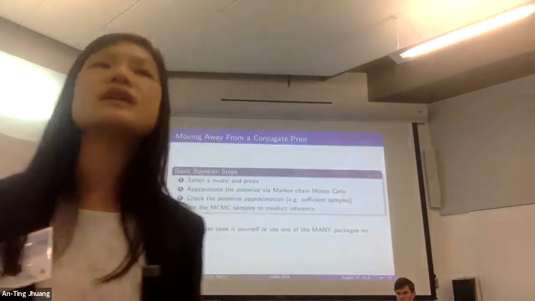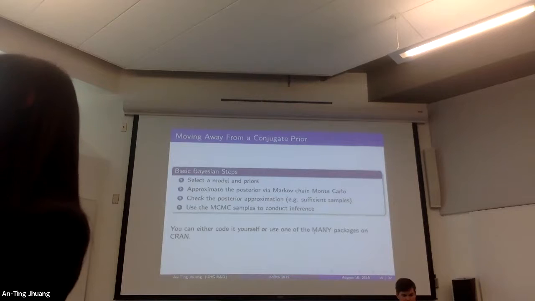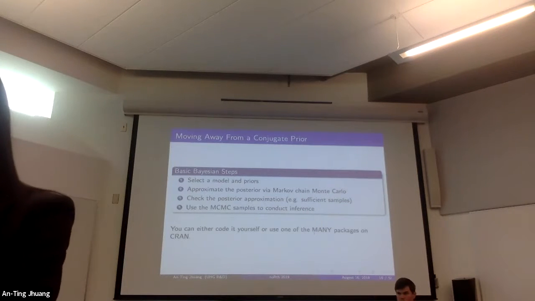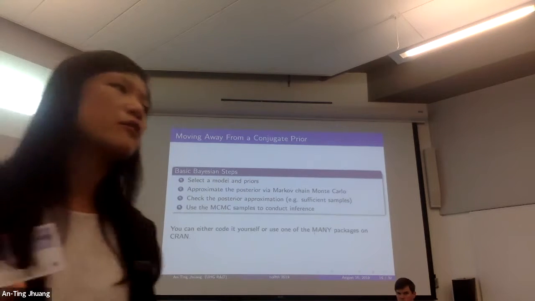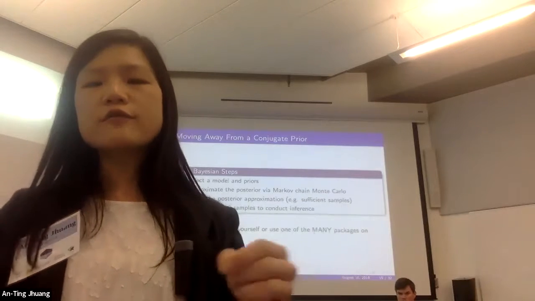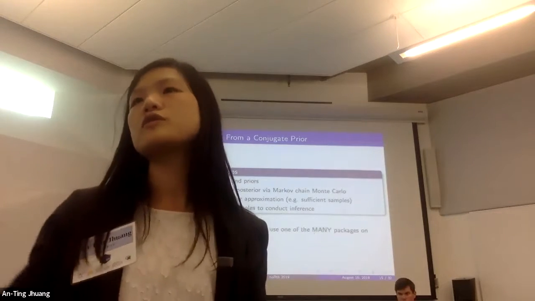For MCMC methods, there are two ways. You can code it on your own, which I did in my PhD, or you can directly use R packages, which already have many functions, and you can just specify your likelihood and prior, and it will draw the posterior sample for you.